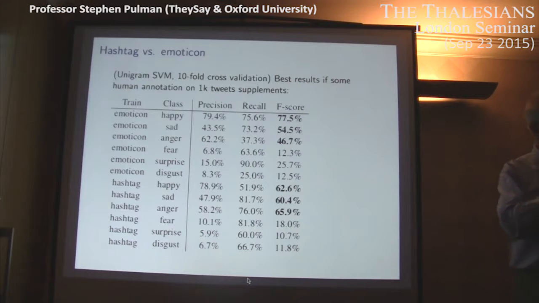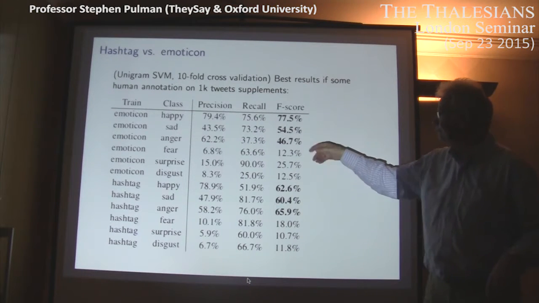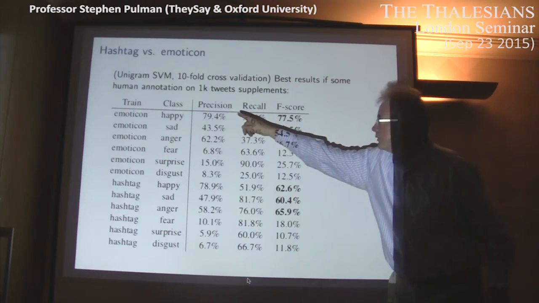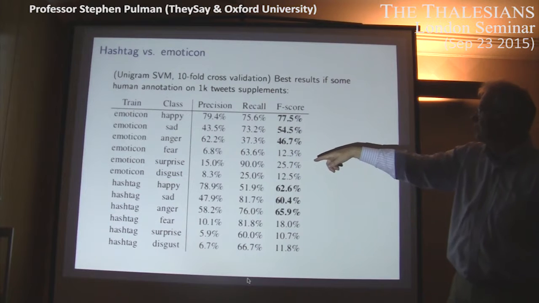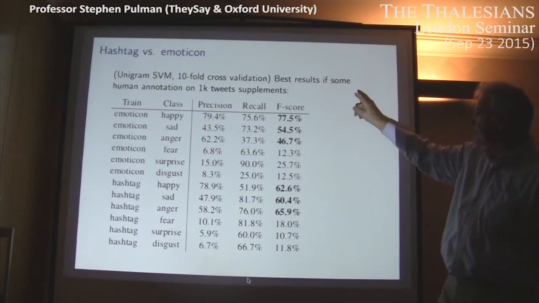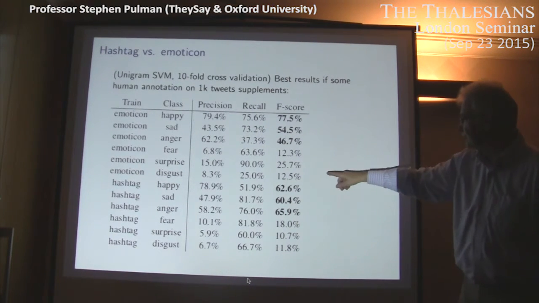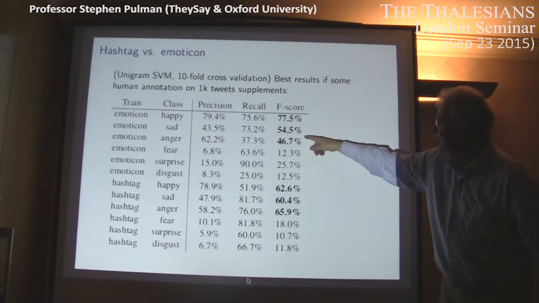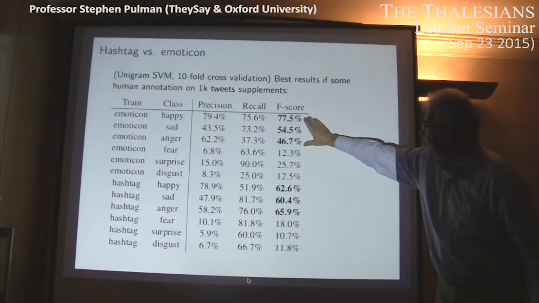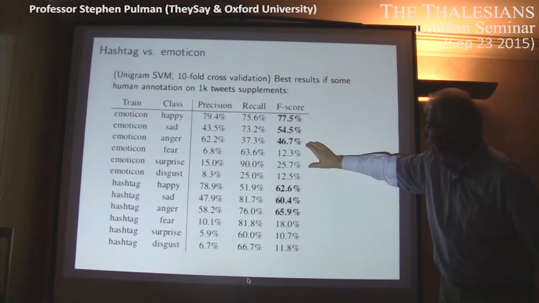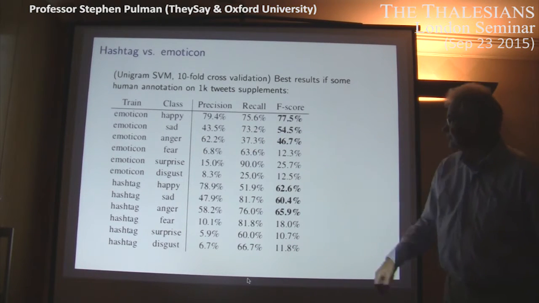So you can boost mediocre data by having a small amount of good quality data. Still not brilliant. Happy, sad, and angry are reasonably good, whereas fear, surprise, and disgust are just awful.